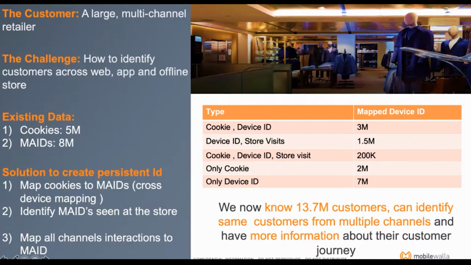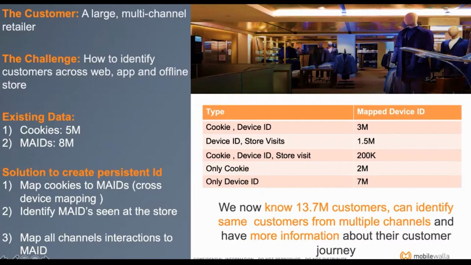Now, the good thing about this customer, which is not true, to be honest, with a lot of customers, is that they do have some existing data, and they've been capturing it quite well. They have cookies, which are around 5 million. MAIDs, mobile advertising IDs here. I could be using mobile IDs and device IDs interchangeably here. So 8 million.